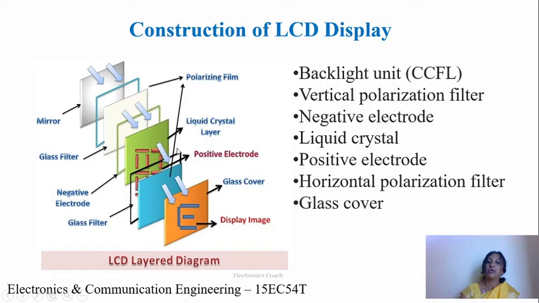In between them it is placed, and at the back side and also the front side we're going to have a polarization filter, that is a vertical polarization filter and a horizontal polarization filter. This is the construction of LCD display.